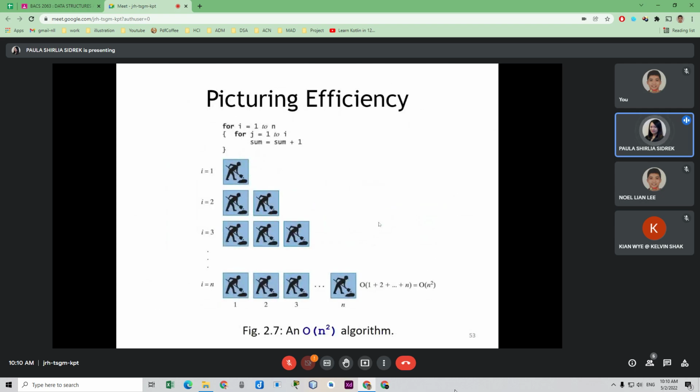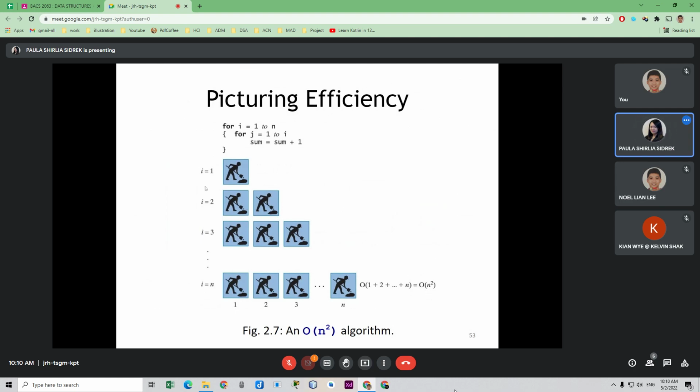Next one is O(n squared). So this one is the definition or operation that you can derive for O(n squared). Okay, so inside here is the number of elements you have in an array, up to n elements. Therefore, to sum that up, you represent that using O(n squared).